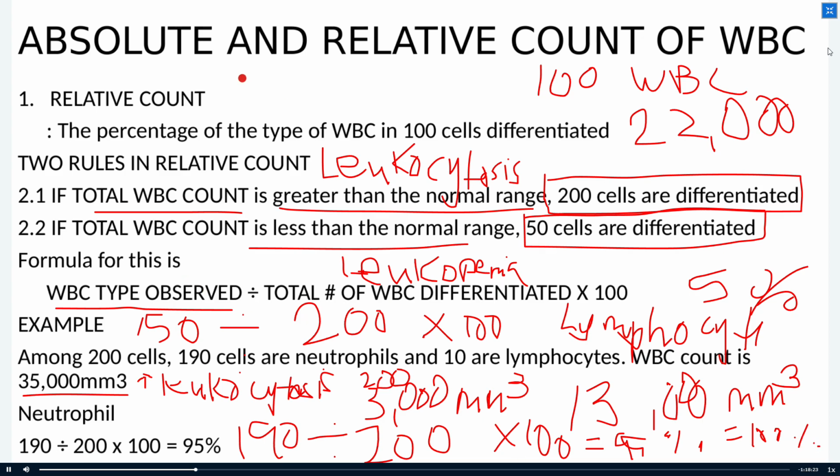Remember class, yung general rule na sabi ko, kapag relative count, the total relative count should always accumulate to 100%. Any questions? Okay, next problem.